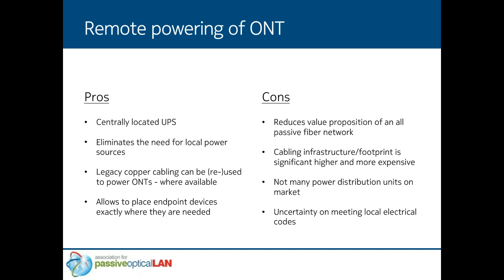On the con side, it reduces the value proposition of Passive Optical LAN with a less passive infrastructure and increased maintenance. The cabling infrastructure or the footprint is significantly higher and more expensive, and there are not many power distribution vendors on the market, and one must be ready for the potential for problems with electrical permits.